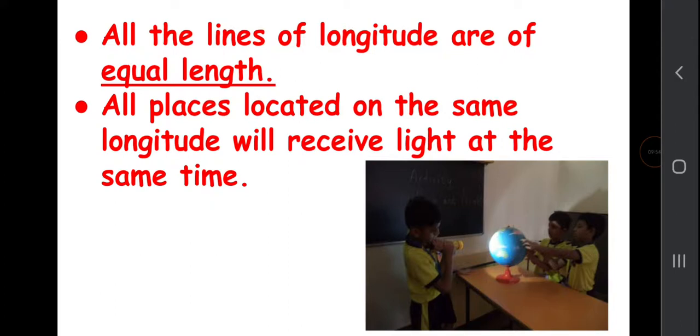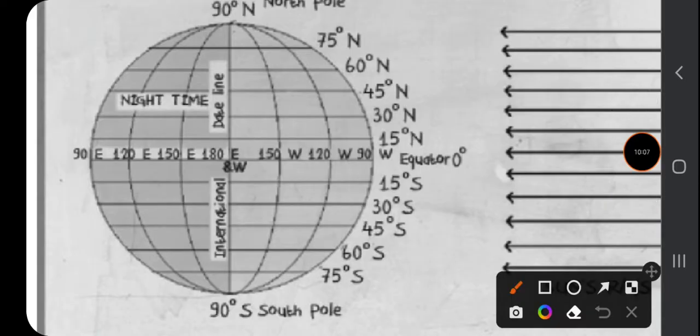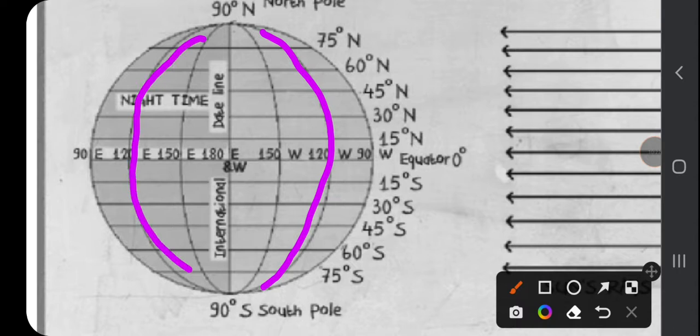And all places located on the same longitude will receive light at the same time. Means the countries located here will get the sunlight at the same time, means there will be day at the same time, and the countries located here will have night.